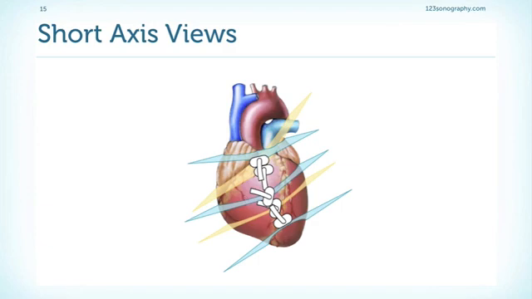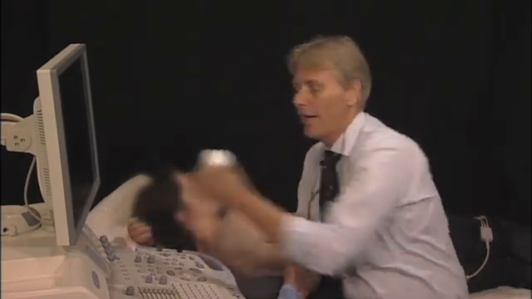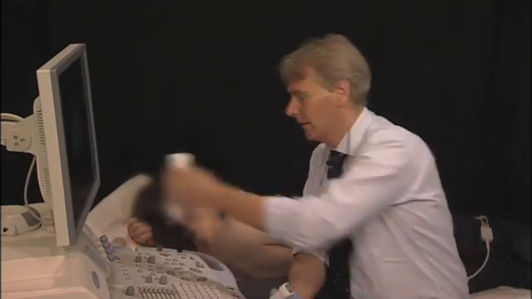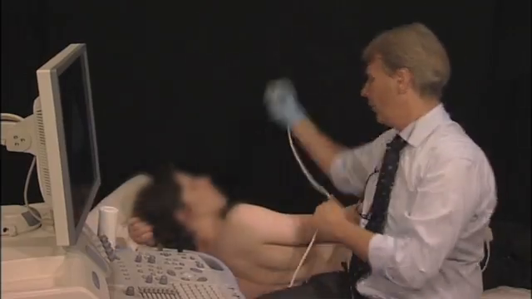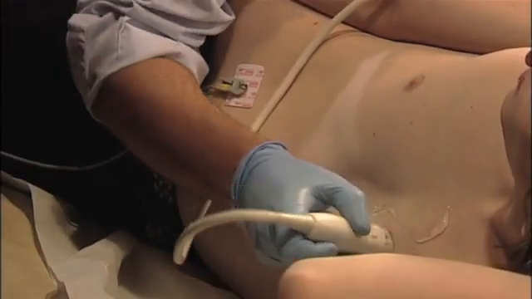From the long axis views, let's now turn to the short axis views. We can perform several different short axis views, but let's first start with the short axis view at the base. The parasternal short axis is in a 90-degree orientation to the long axis. So if you remember, in the long axis the marker was pointing towards the right shoulder.